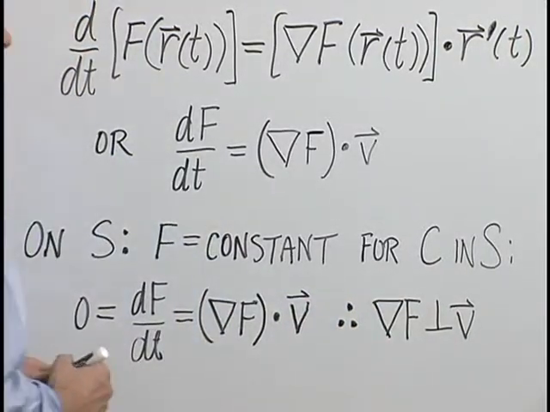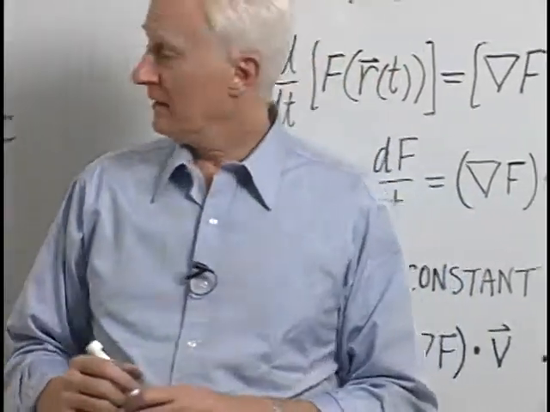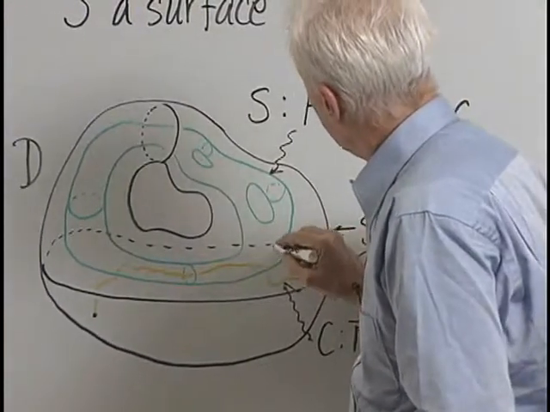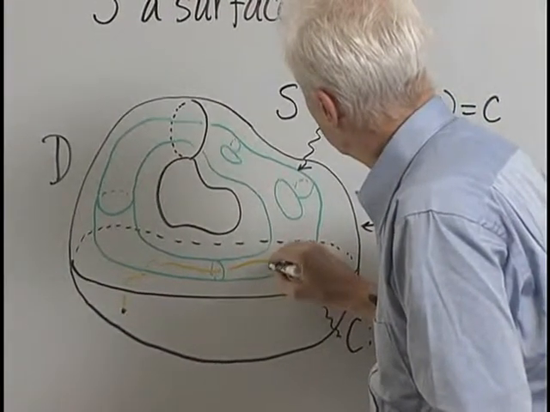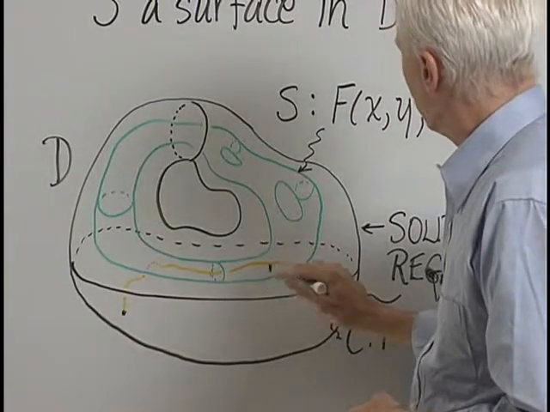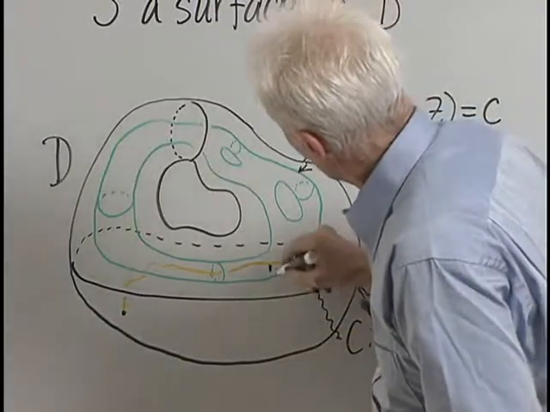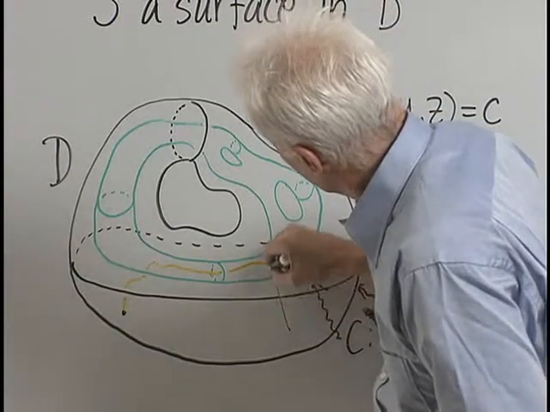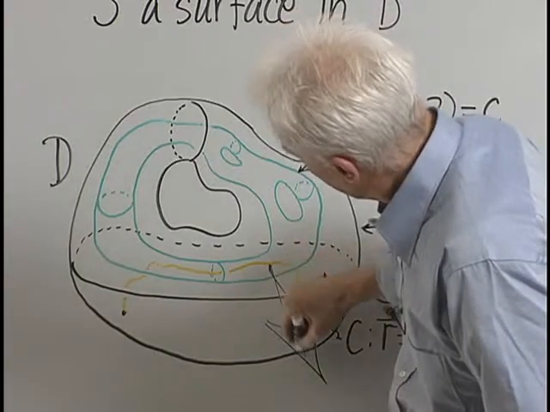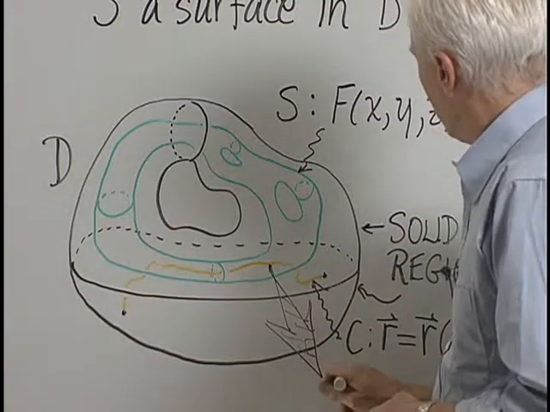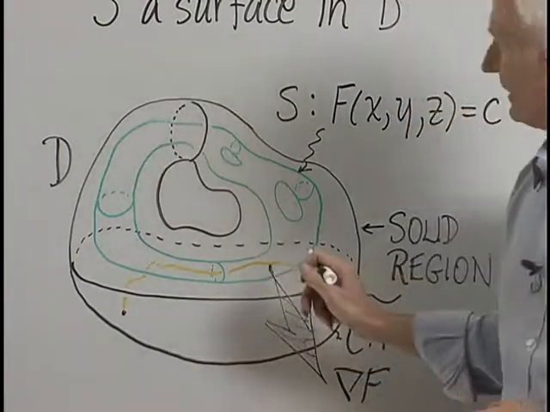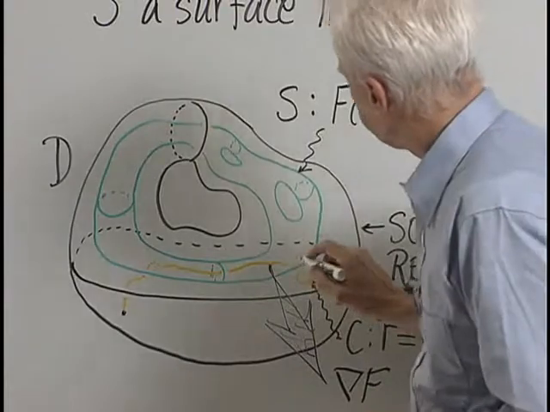Well, let's look back at our picture now. Ask ourselves, what does that really mean? Here I am at some point on the surface. Let's think right there. And maybe the curve is actually on the surface there. And so here the gradient's pointing in some direction. Let's think of it as coming out of the blackboard at us. And there's our gradient vector, del F. What about the velocity vector to the curve?